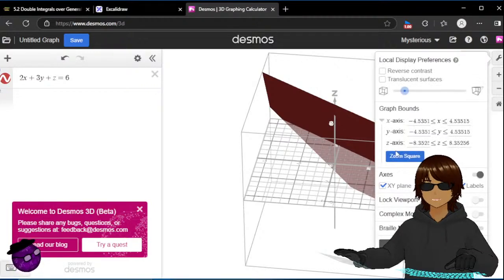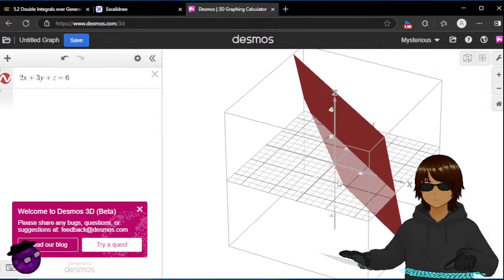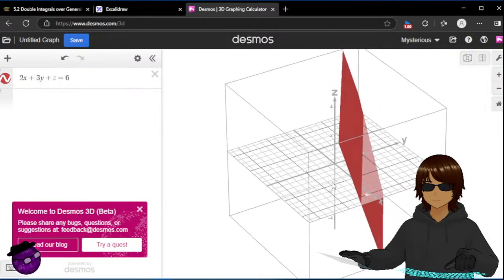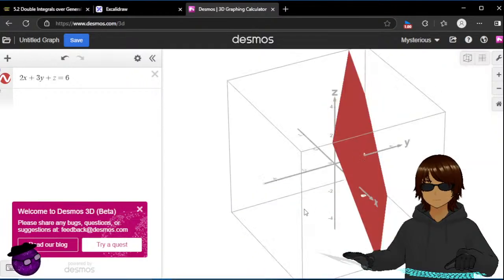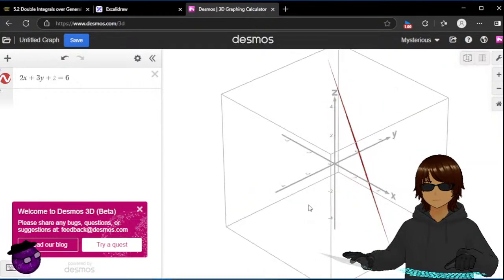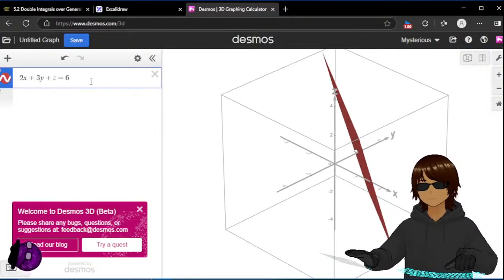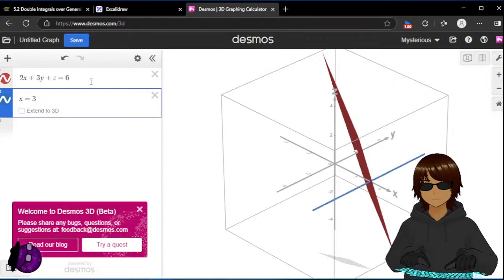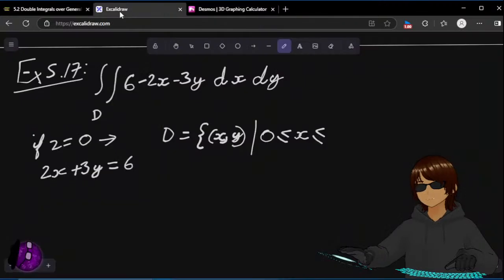How do I reset the origin? So it intersects at x equals 3.